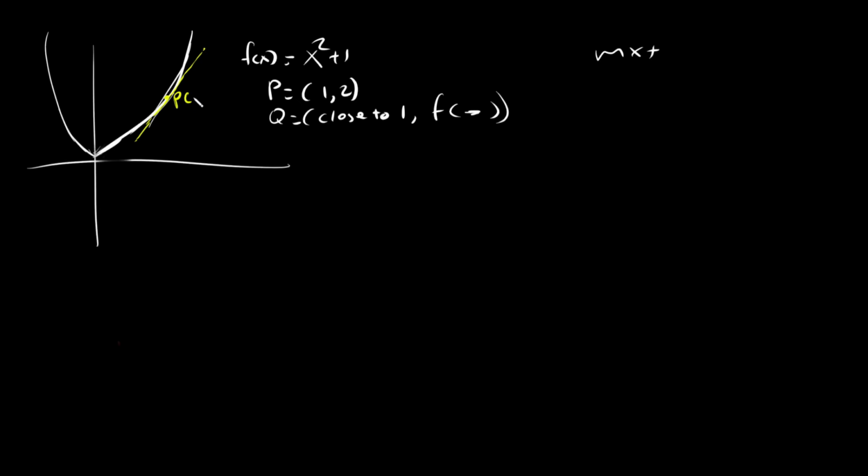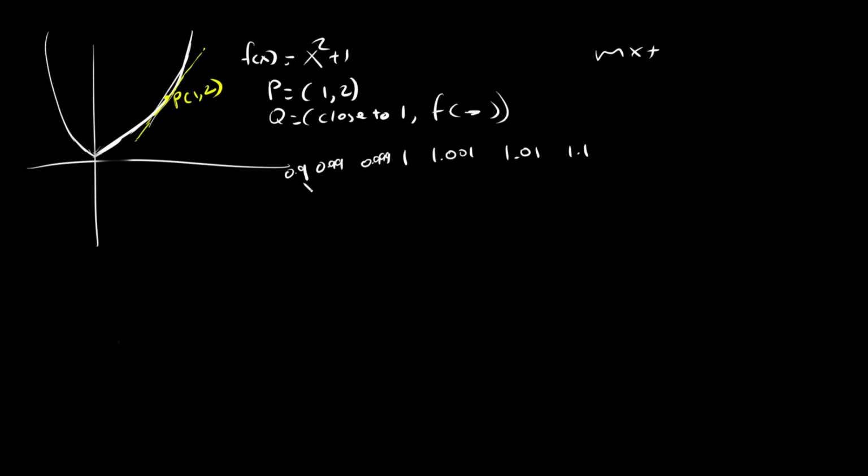Let's say this is P at (1, 2), and we want to find the slope at point P. So I'm going to take all values of x that are close to 1. From the right we have 1.001, 1.01, 1.1, for example. And from the left, we have 0.999, then 0.99, and 0.9.